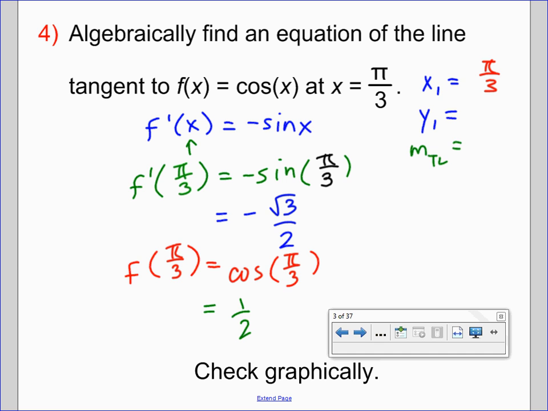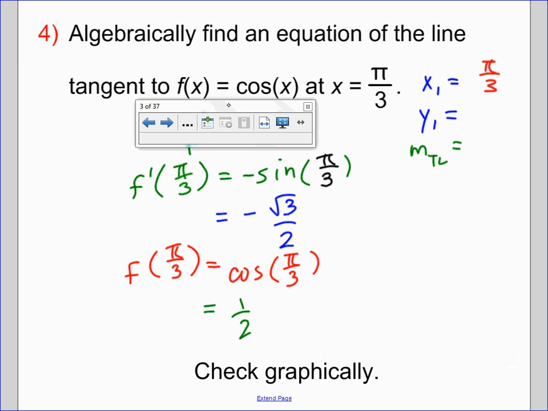And now we can finally generate the equation of the line tangent. Do I have space for that? Not yet. So we'll go ahead and do my age-old point slope form. y minus y sub 1 equals m times quantity x minus x sub 1, where x sub 1 comma y sub 1 is the point of tangency, and m is my slope of the tangent line. And so all we need to do is plug our values in that we found.